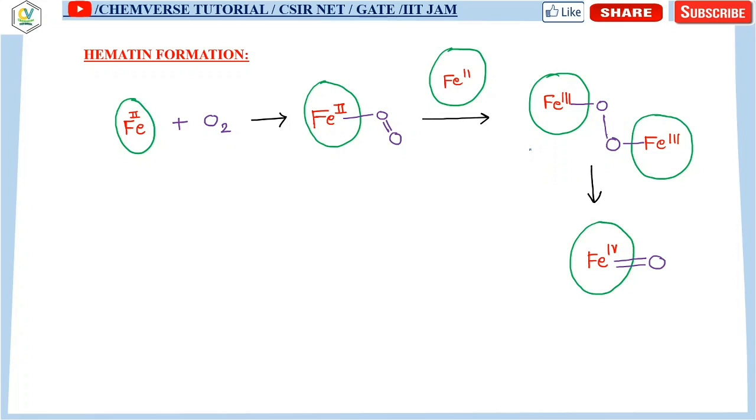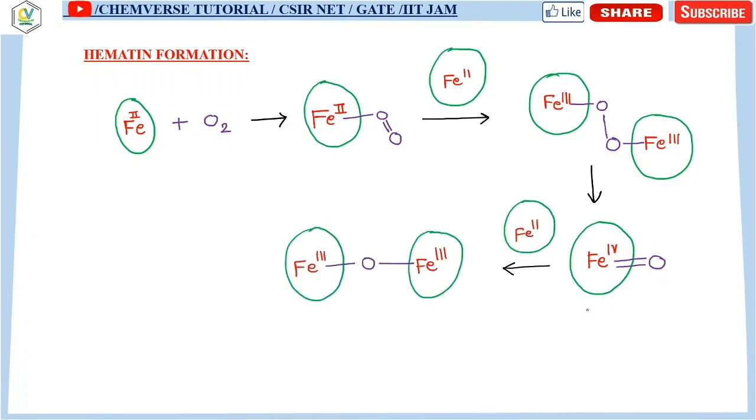Now in the next step, it can produce 2 equivalents of this kind of ferryl Fe4 complex, where the iron is oxidized to the +4 oxidation state. And now in the next step, when it again interacts with another heme group, it produces this kind of mu oxodimer. It's nothing but the mu oxodimer of iron 3, and it is a very stable complex.